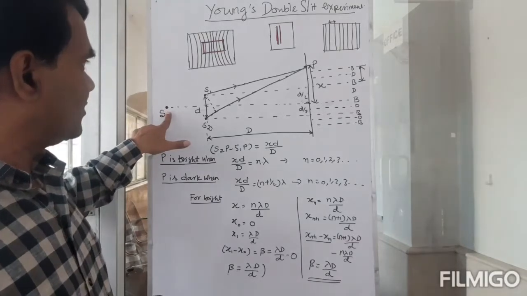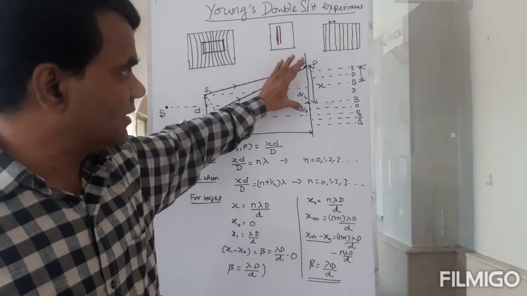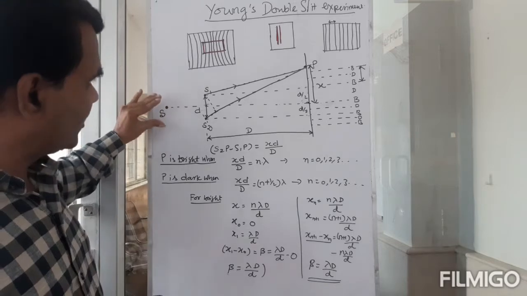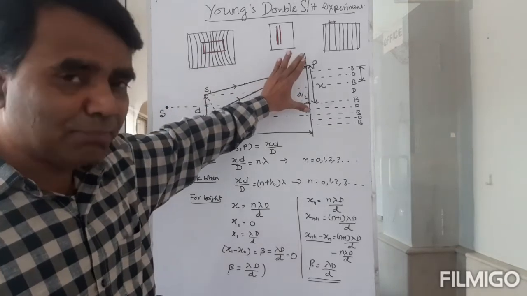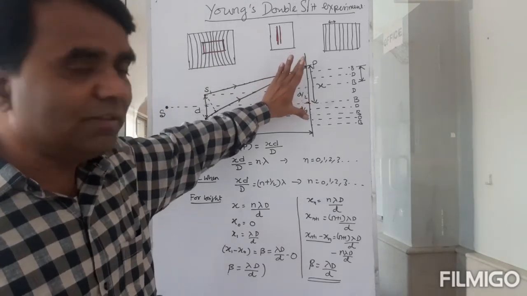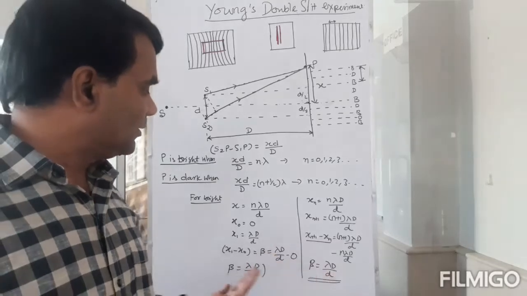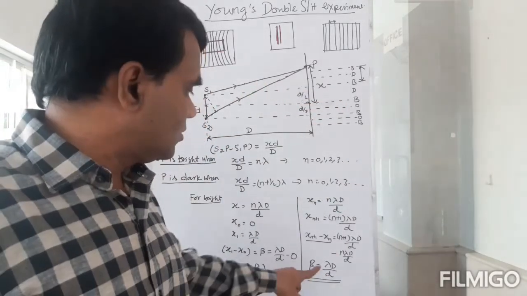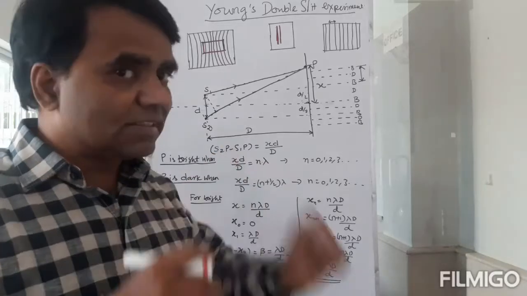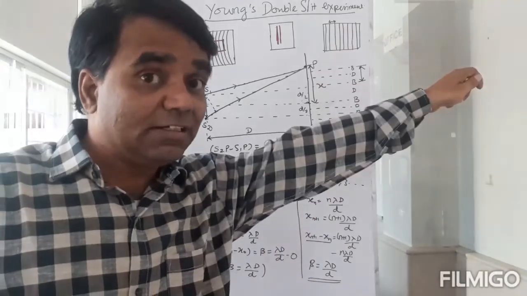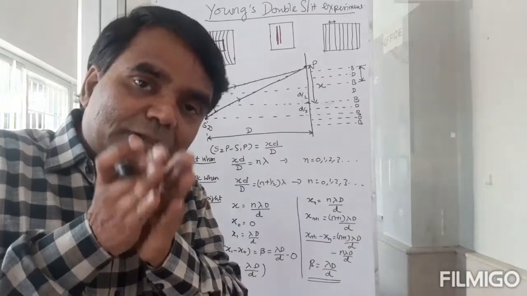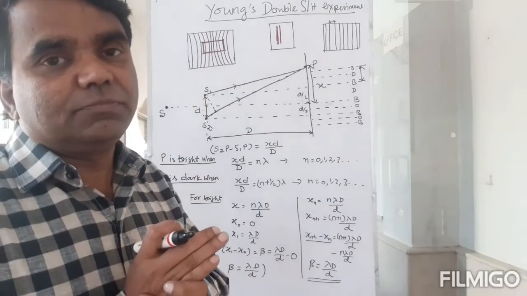I may use blue light, then I may get a certain bandwidth. Instead of blue light, if I use red, then I get the same pattern, but the bandwidth will be greater. So the bandwidth of the interference pattern depends on lambda, the distance between the slits and the screen, and also the spacing between the slits.